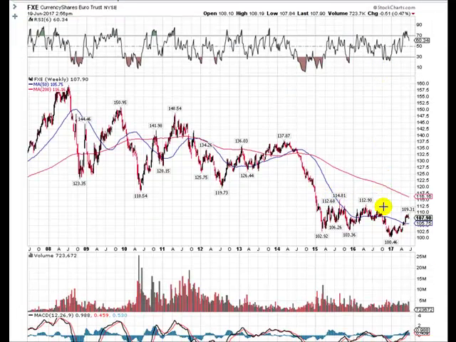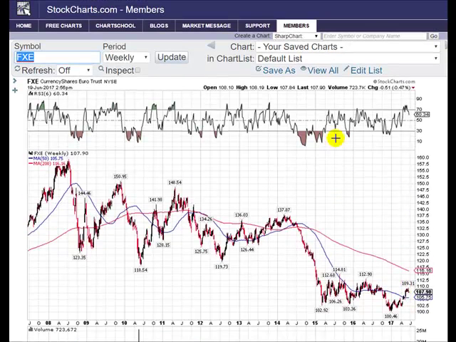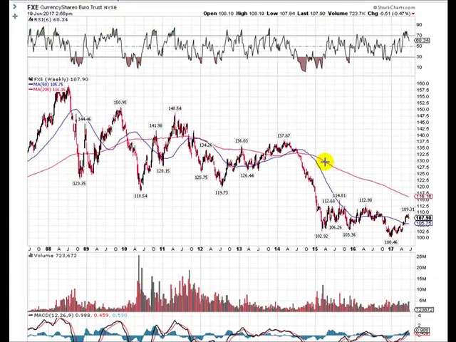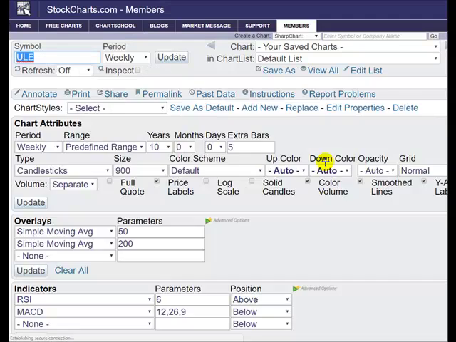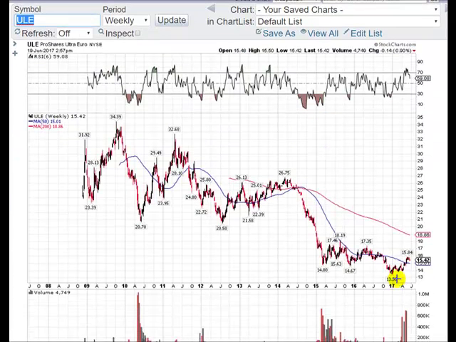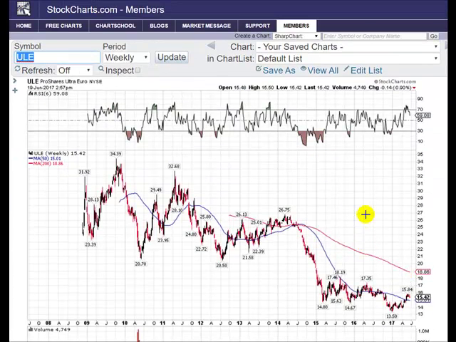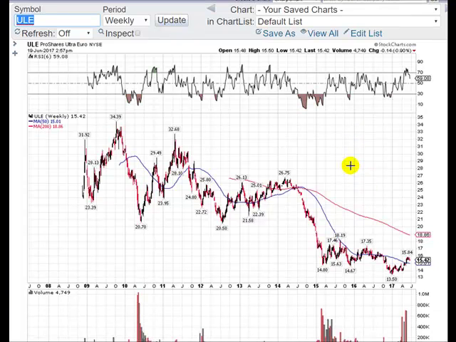The steepest part, the most recent part of the downtrend, has been broken. And so there's a good chance that the euro benefits greatly from a falling dollar as well. And then there's, of course, the leveraged version of it, ULE, which is moving also. So there's a number of different currencies that can have very inversely correlated effects to the fall of the dollar.